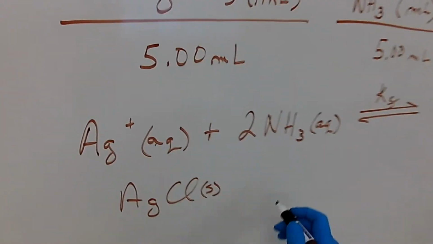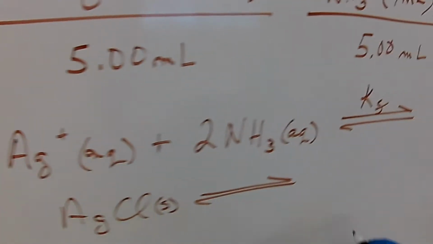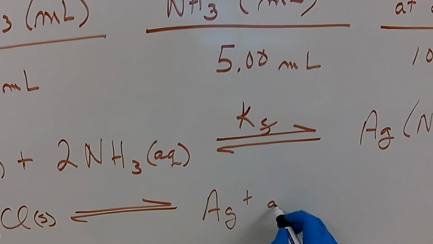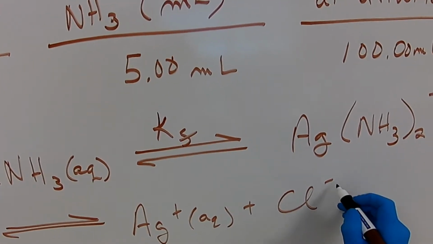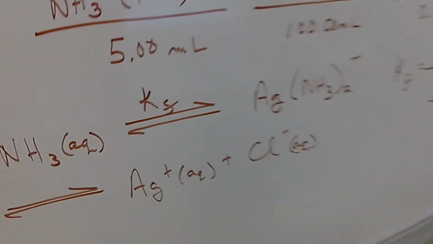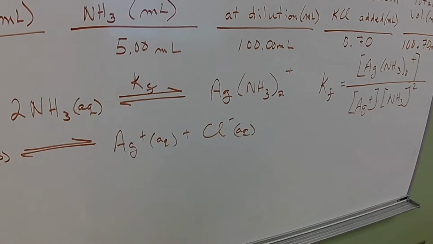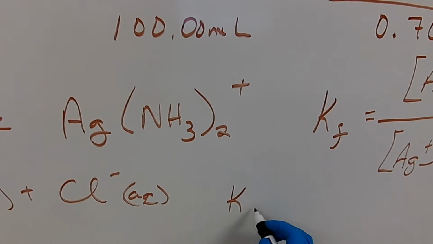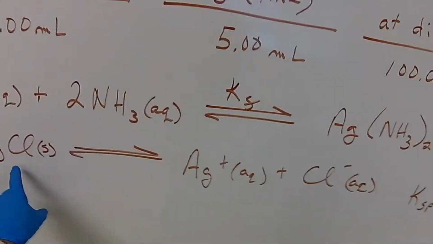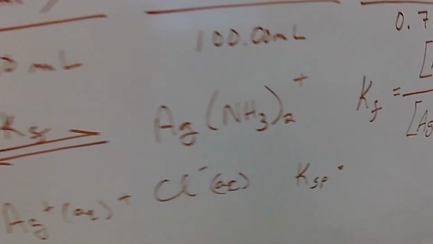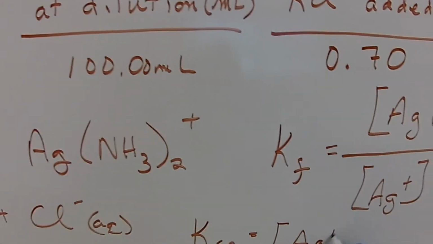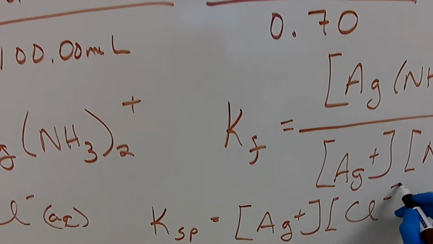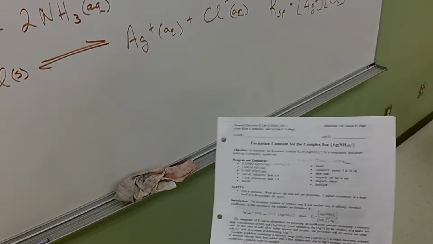That was the opalescent color, is in equilibrium with silver ions and chloride ions. Both of these reactions are occurring simultaneously in the same reaction vessel. So this KSP for that reaction is equal to, right, this is a solid, so it's not part of the expression. It's just these two. Like that. Okay? So now, how do we combine these two?